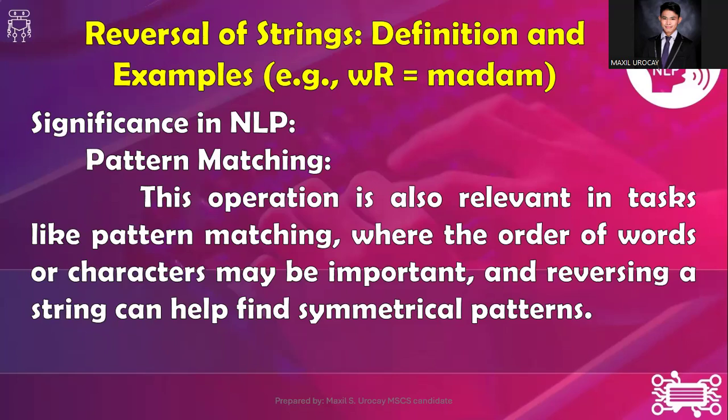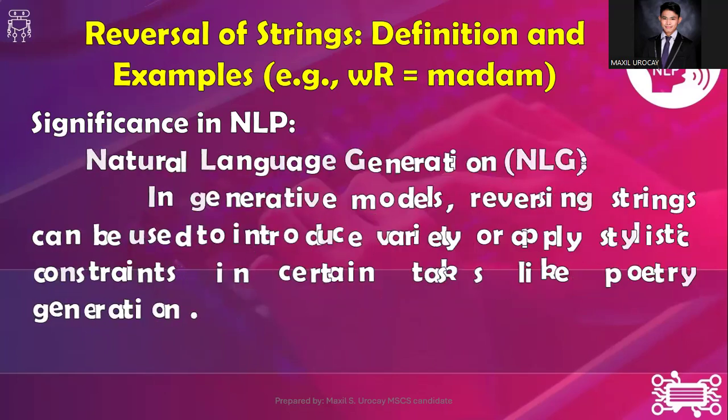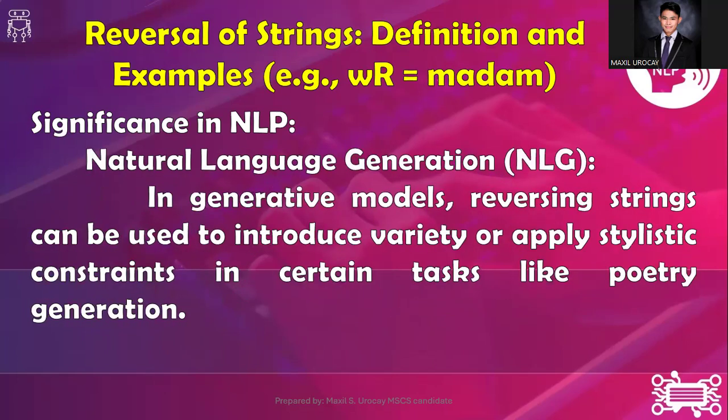analysis. Now, we also have here natural language generation. In generative models, reversing strings can be used to introduce variety or apply stylistic constraints in certain tasks like poetry generation.